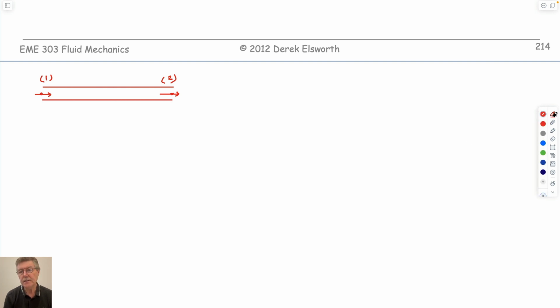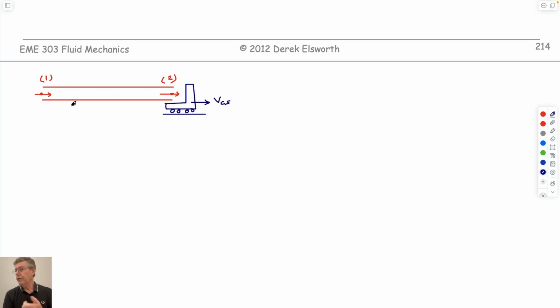And as a twist, let's put a little sled in front of this, which this streamline is impinging on. And we'll put that sled on rollers so it can move. And it can move at some velocity. And we'll call that the velocity of the control surface.